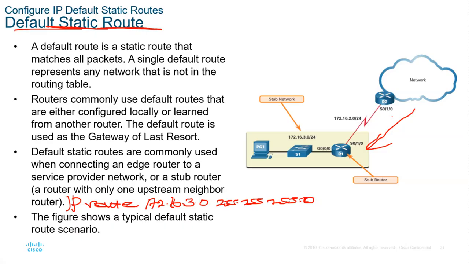For the exit interface, you can either use an exit interface or the next hop. Let me use the exit interface, Serial 0/1/0. That is from the service provider, because the service provider's intention is to reach this stub network, a network that belongs to a single individual.